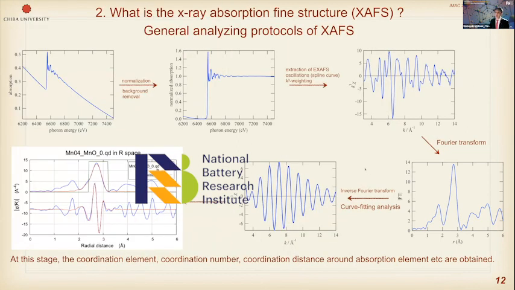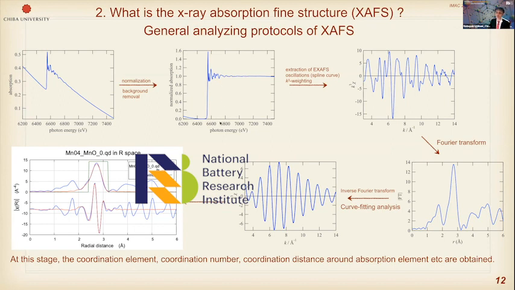This is a typical procedure for the XAFS analysis. First, you get such a spectrum, and this has a background slope, so we use a background remover to easily get the information about the EXAFS region, and normalize the edge height.